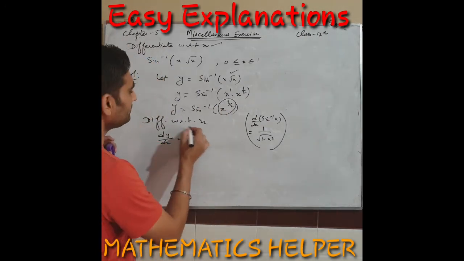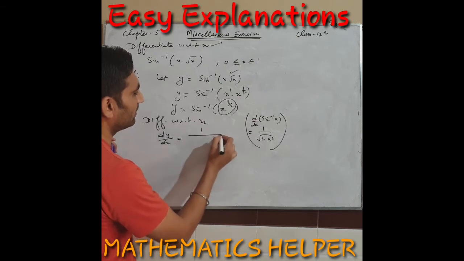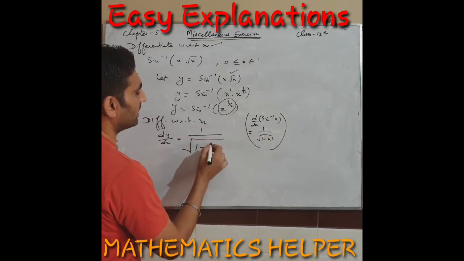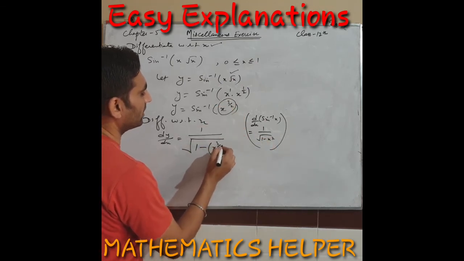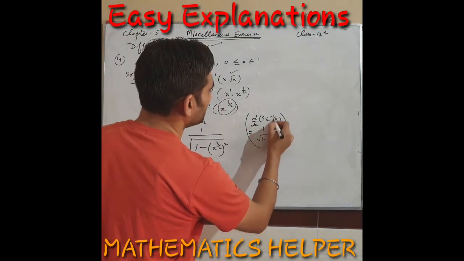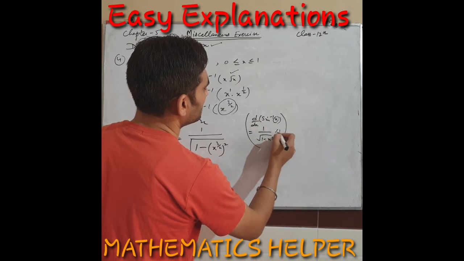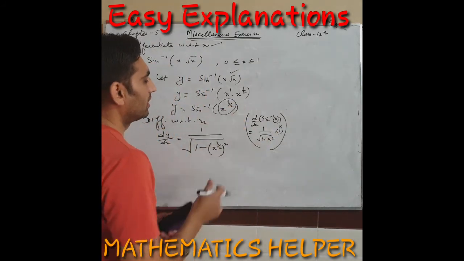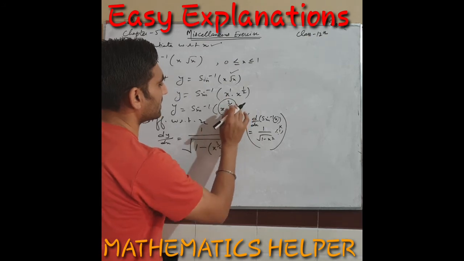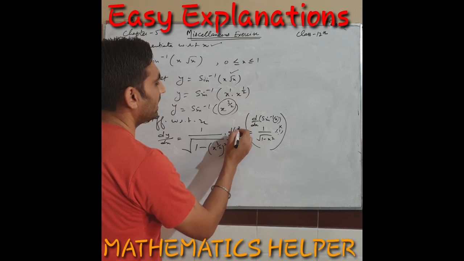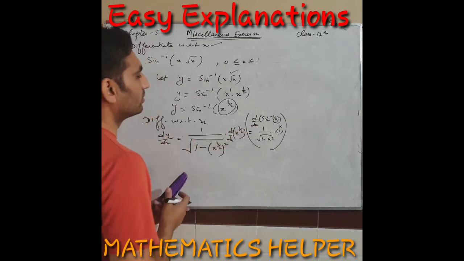It is 1 over square root of 1 minus this angle raised to power 2, so x raised to power 3 over 2, whole raised to power 2. If the angle is just x, the derivative of x is 1, that's why it is ignored. But here we have x raised to power 3 over 2, so we have to write the derivative of x raised to power 3 over 2 also. I am writing d over dx of x raised to power 3 over 2 along with it.